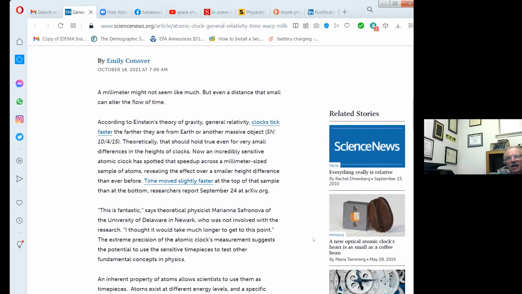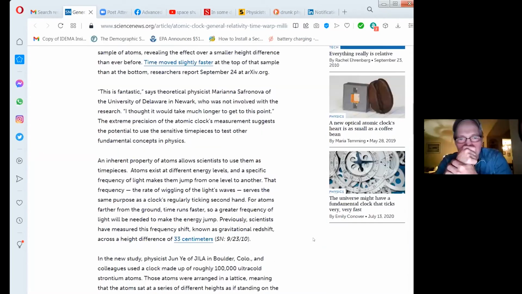Now, an incredibly sensitive atomic clock has spotted that speed-up across a millimeter-sized sample of atoms, revealing the effect over a smaller height difference than ever before. Time moved slightly faster at the top of the sample than at the bottom. That's pretty cool.